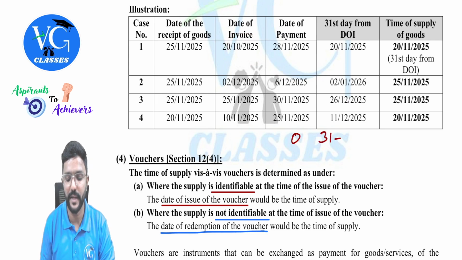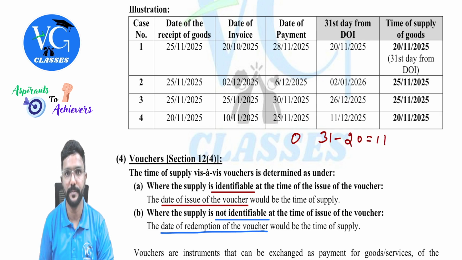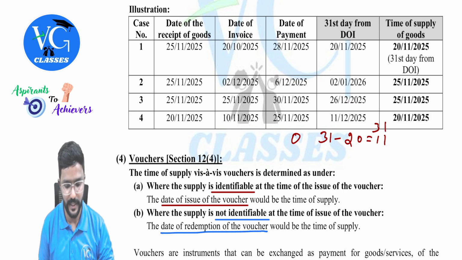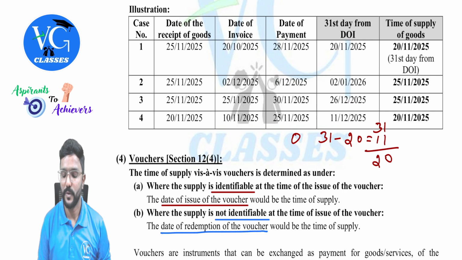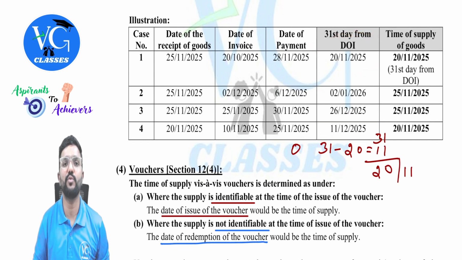October has 31 days, so 31 minus 20 gives us 11 days in October. Totally we want 31, so 31 minus 11 gives 20. So 20th November, guys. The 31st day from the date of invoice would be 20th November.